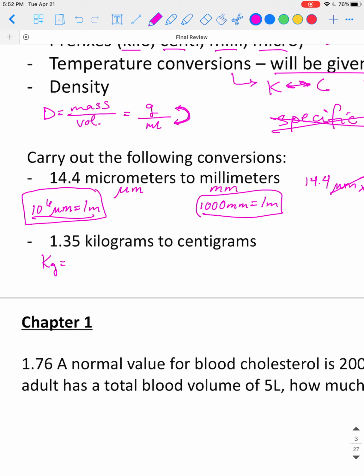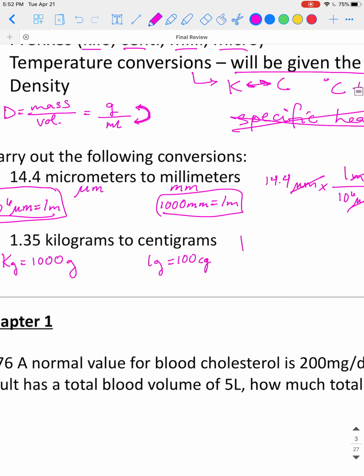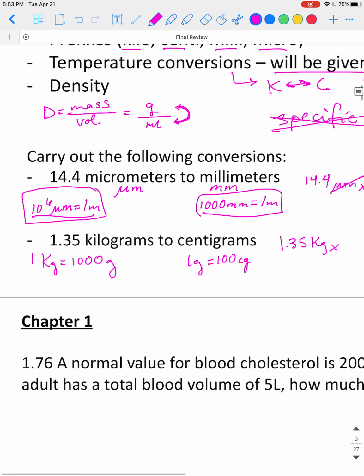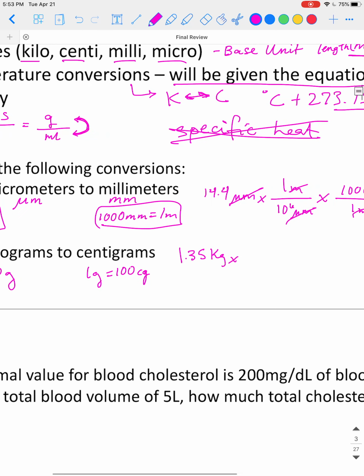Kilograms to centigrams, so we need to know the relationship between kilograms and grams. 1 kilogram is 1,000 grams, and then 1 gram is 100 centigrams. Okay, so start with the number given, 1.35 kilograms. We're going to convert to grams using this first relationship over here.